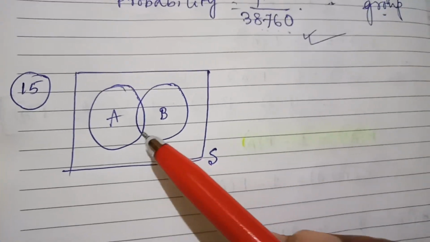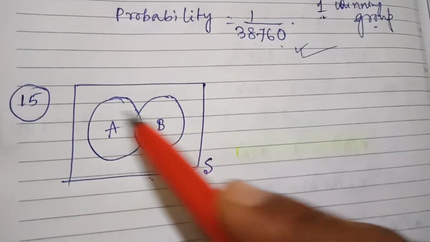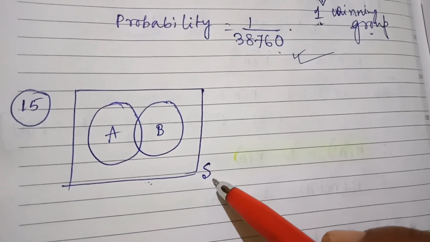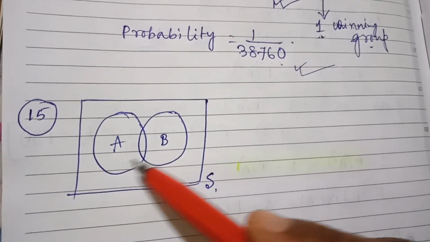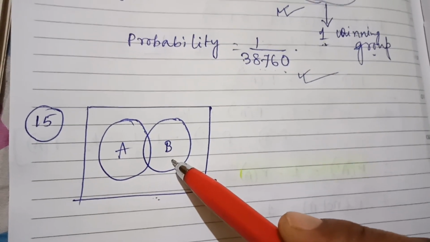Now for this question, look at this figure. This is the universal set, that means the sample space, and inside it there are two sets A and B, two events.